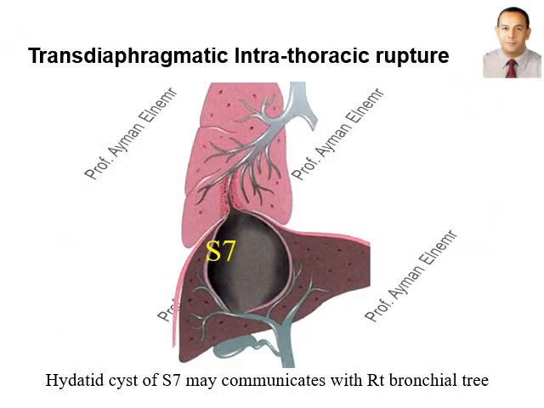An example of direct transdiaphragmatic intrathoracic rupture. The rupture here usually is more to the lung and the bronchial tree rather than to the pleural cavity because of the adhesion between the upper surface of the liver and the diaphragm, which is the bare area, and so the contents go directly from the cyst to the bronchial tree, and the patient can expectorate the contents.